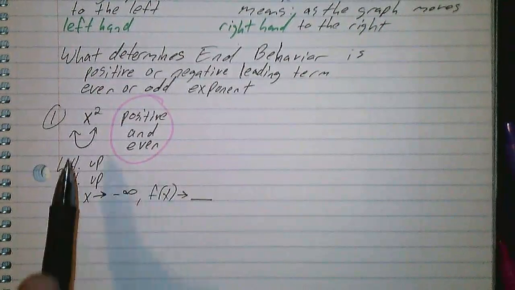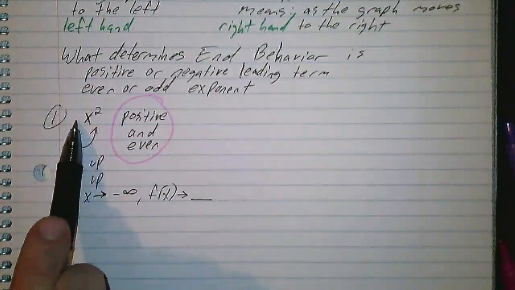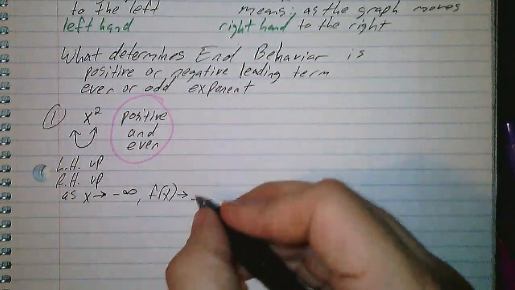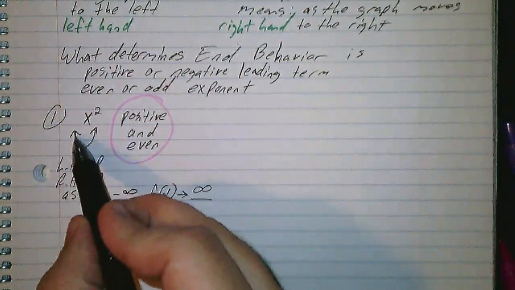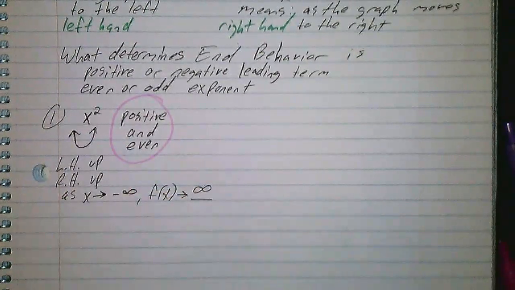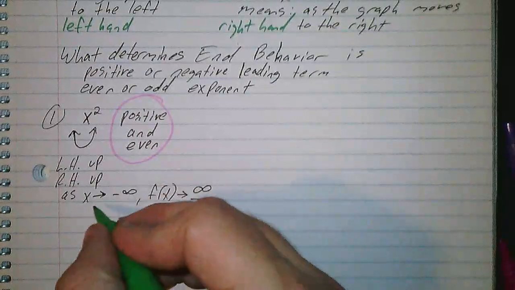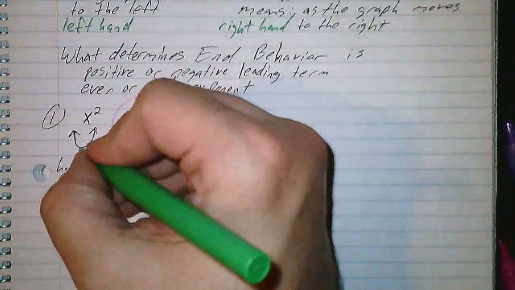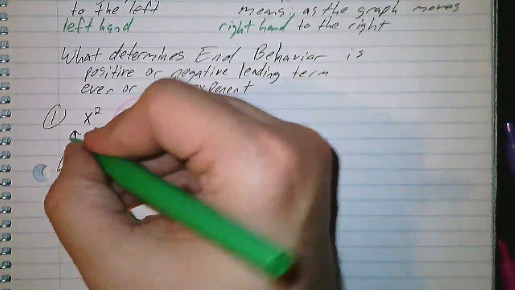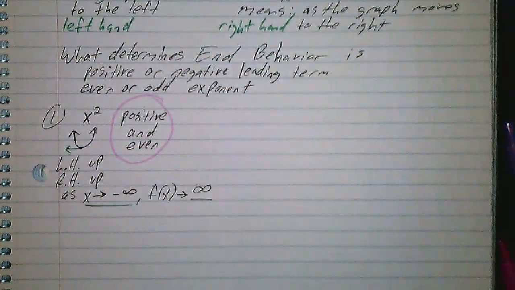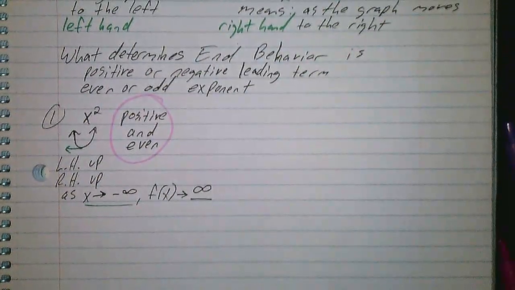So as x approaches negative infinity, y also goes upwards towards positive infinity. So again, as x approaches negative infinity means as the graph moves to the left, what happens to the y value? It goes up, so it moves towards positive infinity.